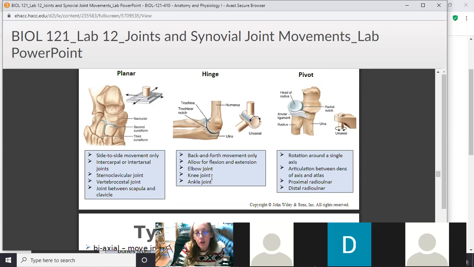Hinge joint: elbow, knee, ankle. Pivot: rotation around a single axis between the dens of the axis and the atlas. The proximal radioulnar.